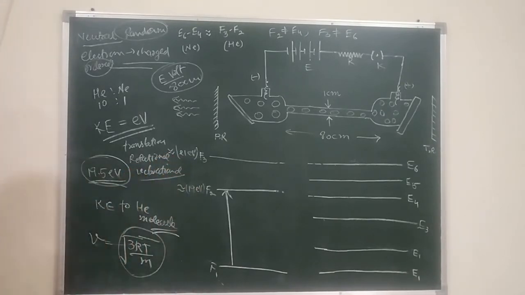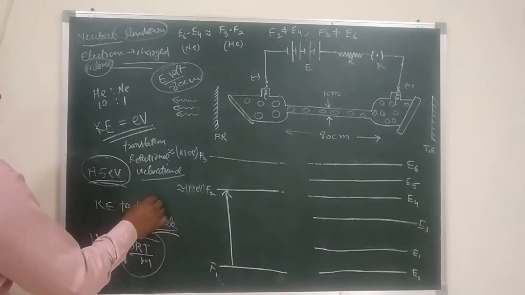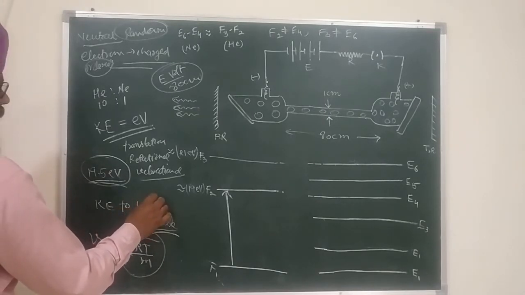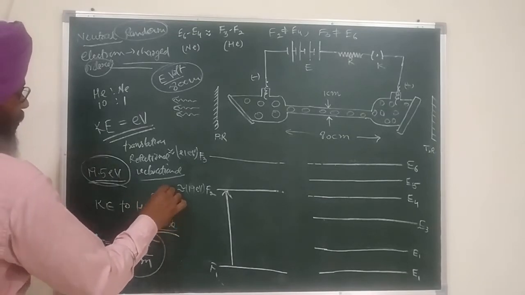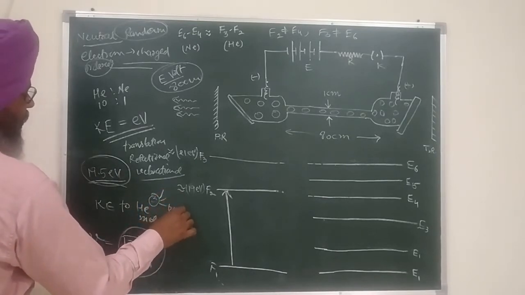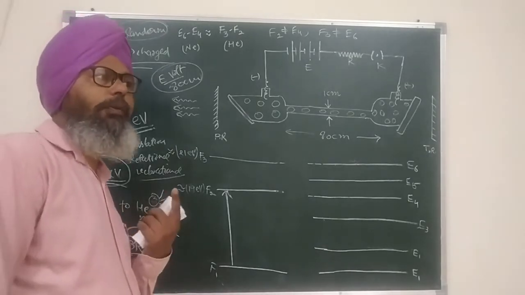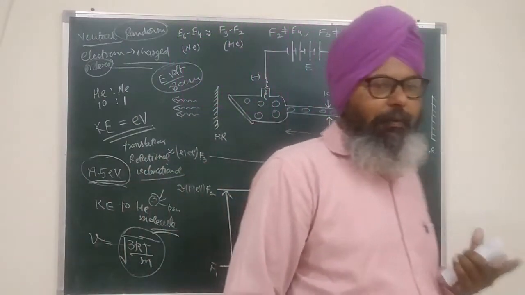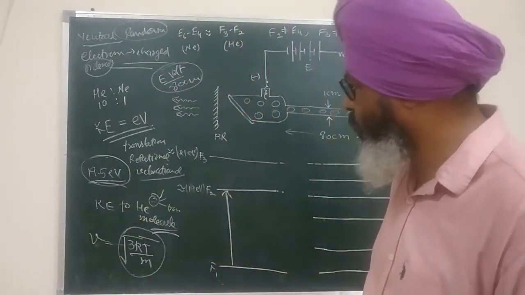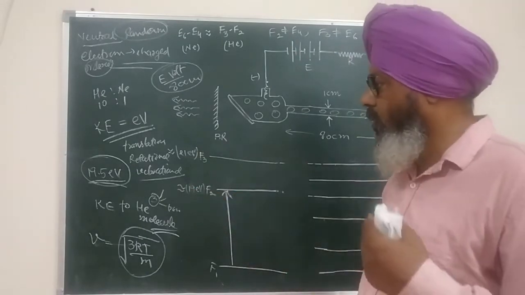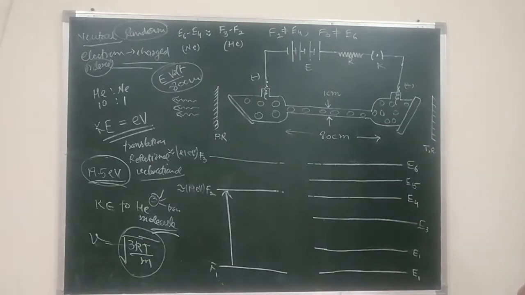You have also studied in your classes that for a monatomic gas molecule only 3 degrees of freedom are possible, and all these 3 degrees of freedom are translational. One is the motion along the x-axis, another along the y-axis, and another along the z-axis. So a monatomic gas molecule cannot show rotational or vibrational degrees of freedom. It can only show translational degrees of freedom.